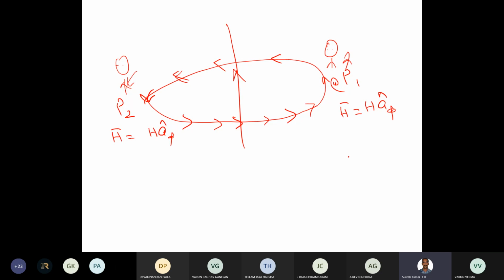Now the other case. Let us assume a Cartesian coordinate system. Let us say this is x, this is minus x. Now, what will be the magnetic field for this case, case 1? Magnetic field is along which direction?